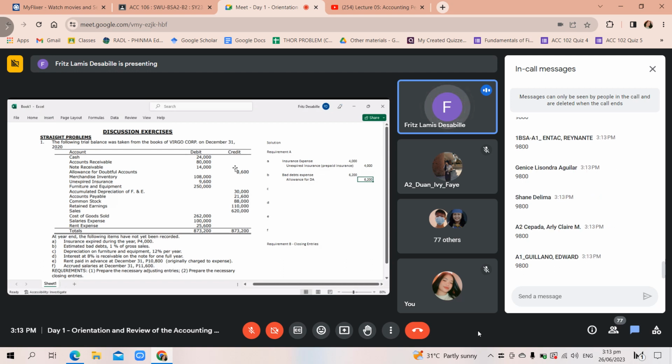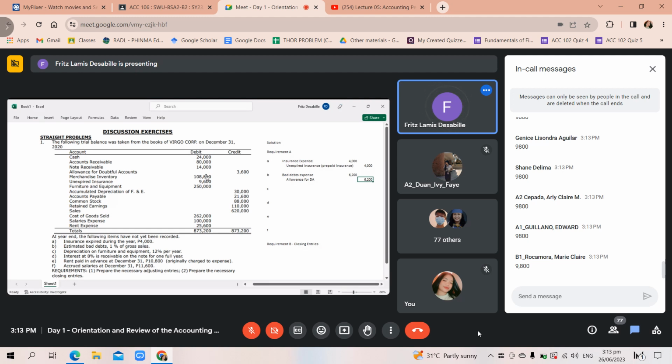Okay, another question which we will be discussing later. What is the NRV, or the net realizable value of accounts receivable? Familiar naman ang term, net realizable value. That is the gross amount of accounts receivable minus the balance of the allowance for doubtful accounts.